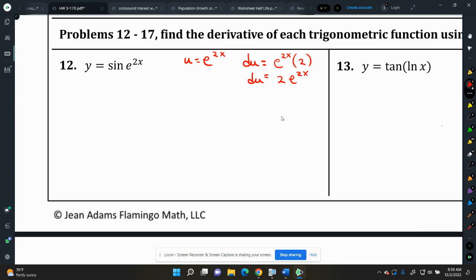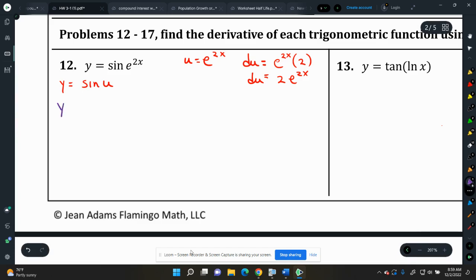Now y equals sine u. It's actually pretty easy when we do it this way. What's the derivative of sine u? Cosine. So y prime equals cosine u du.